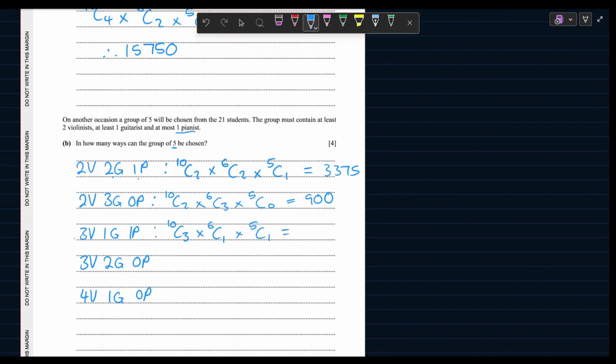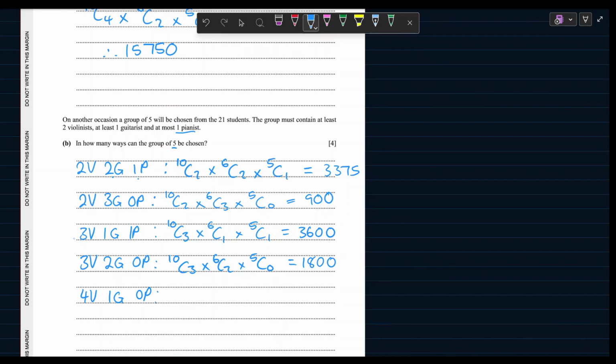So this is 3,600. And then now again it's still 10 choose 3 for the violinists. Then we're picking 2 guitarists from 6 and 0 pianists from 5. So that's 10 choose 3 times 6 choose 2 times 5 choose 0. And that gives us 1,800.